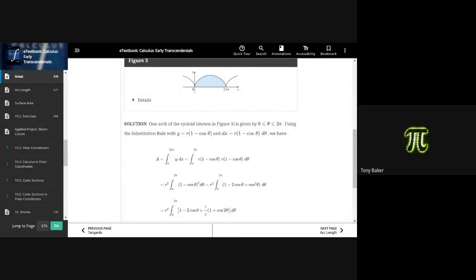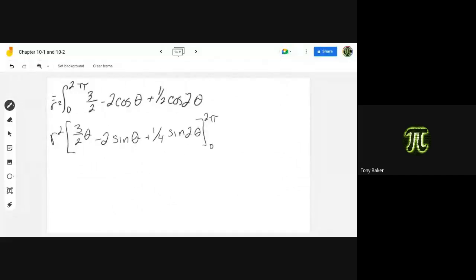No problem. But now I have to plug those values in. So if I plug in 2 pi to theta, what's r squared times r over 2 times 2 pi? It's just 3 pi. What's sine of 2 pi?